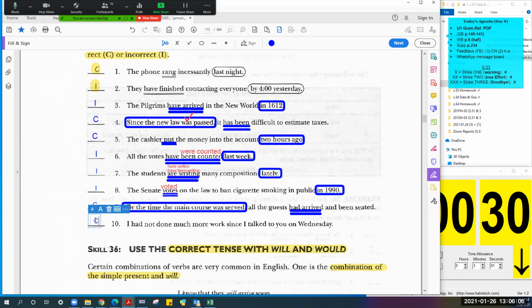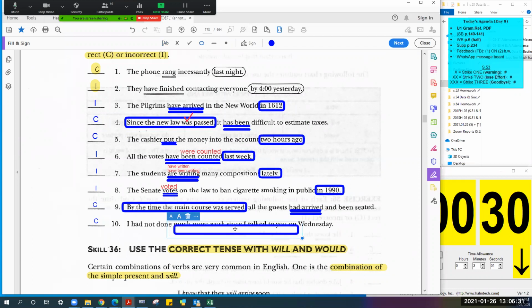Yes, it's correct, because "talked" is simple past. No, listen. It's a time expression because he said "on Wednesday." You just lost marks in TOEFL.